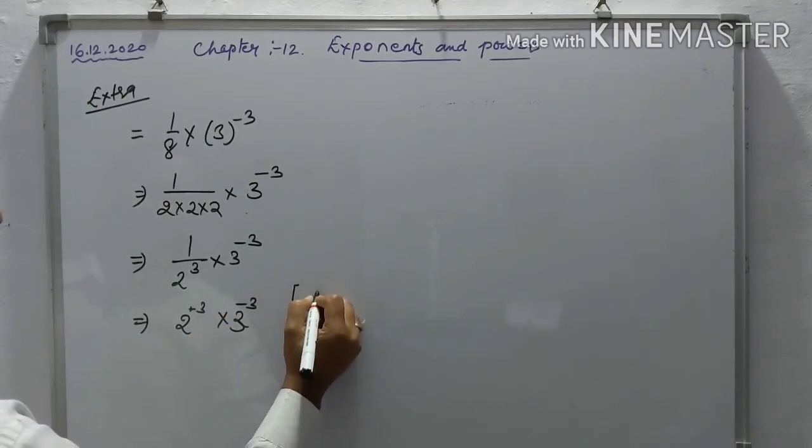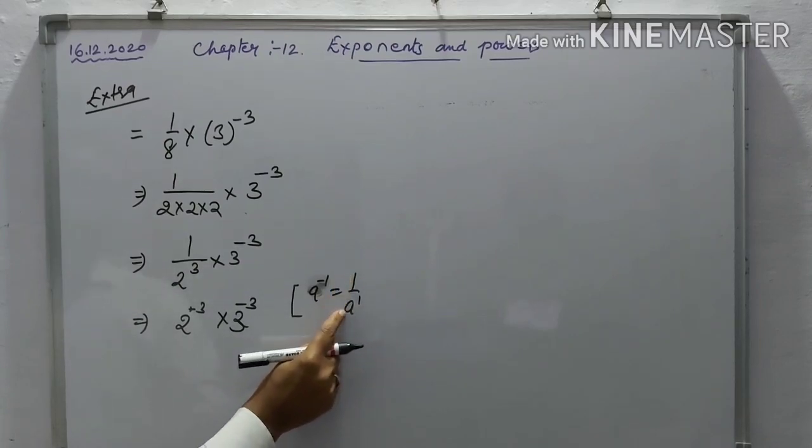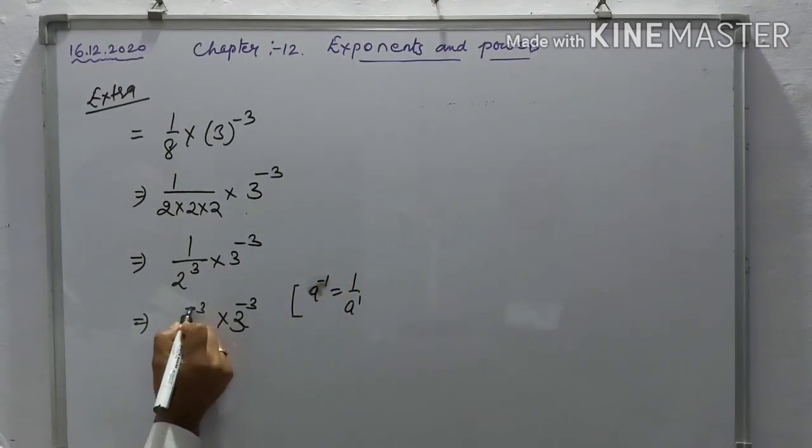Here we use that a^(-1) = 1/a, and the divide sign changes into the numerator with a minus sign, so we have minus 3.